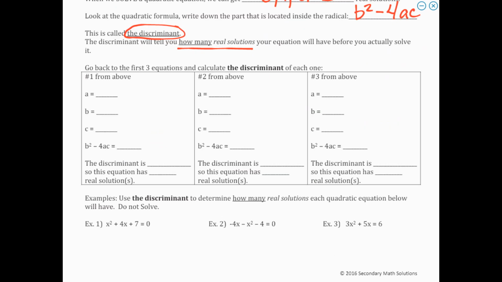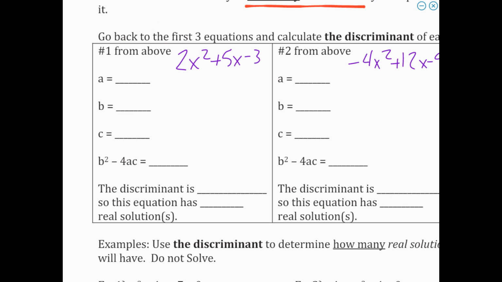So let me rewrite the problems here. We've got 2x squared plus 5x minus 3, negative 4x squared plus 12x minus 9, and 3x squared plus x plus 2. Okay, what is my a for this very first one? What's my a going to be? 2. Okay.